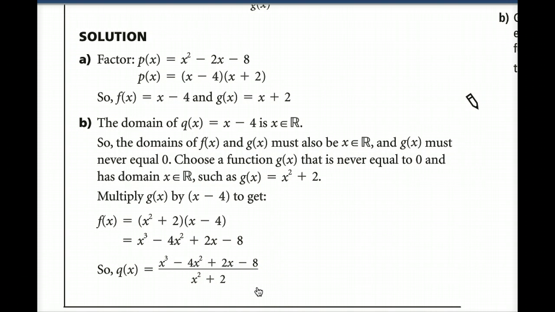And then finally you can examine. Now you have f(x) on the top, which has a domain of all real numbers, and also you have g(x) in the denominator, which also has a domain of all real numbers. So that makes the quotient also have a domain of all real numbers.